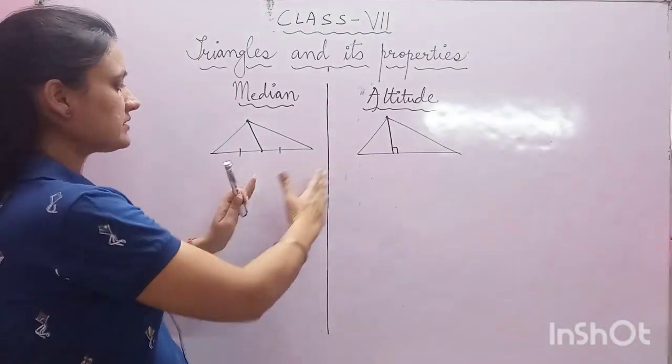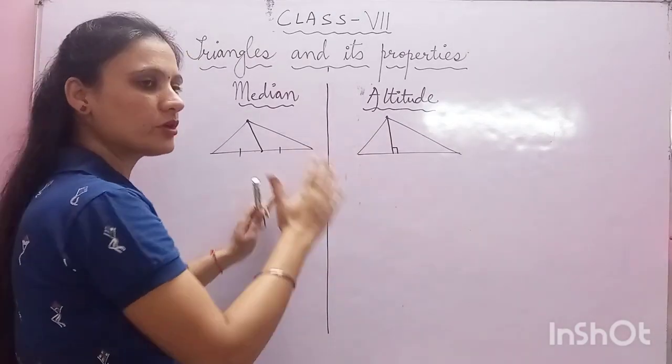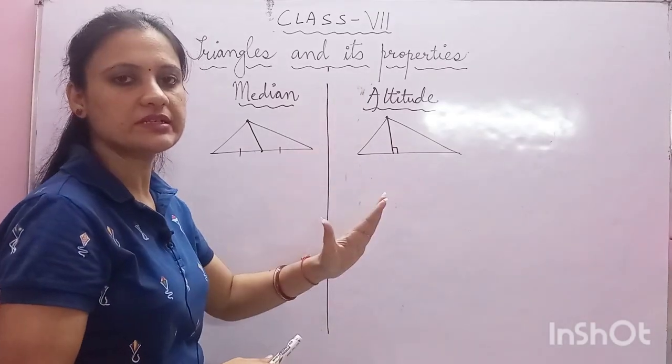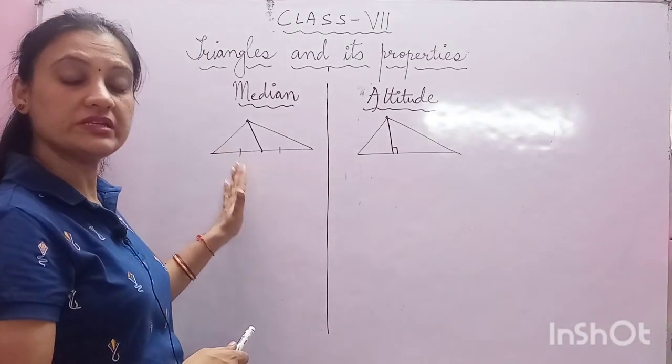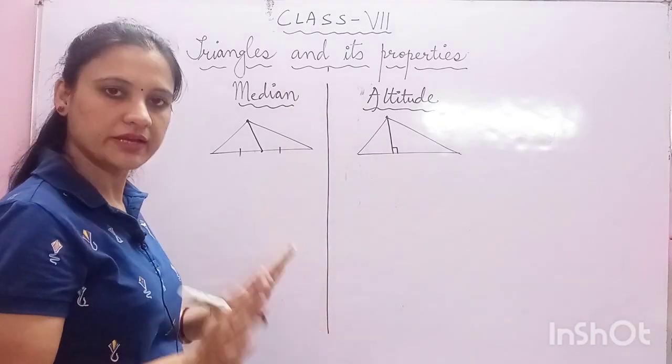So you can understand the difference between the median and the altitude. The main important point to understand is altitude always makes a 90 degree angle with the opposite side, right? But it's not so with the median, because median has to divide the opposite side into two equal halves, right?